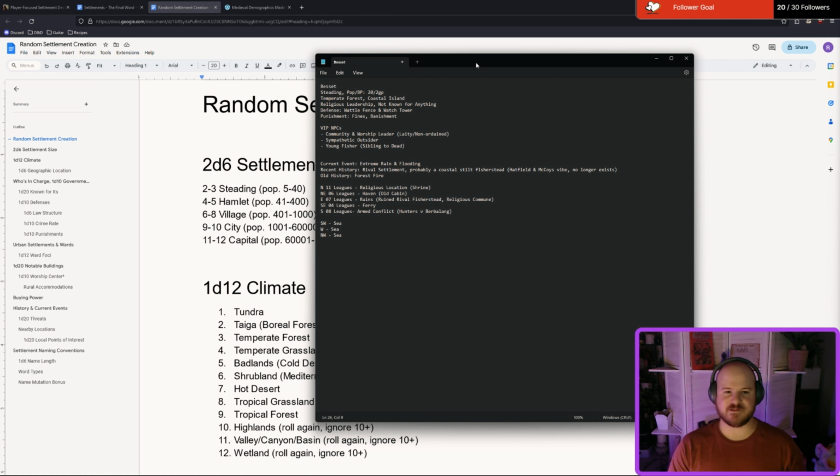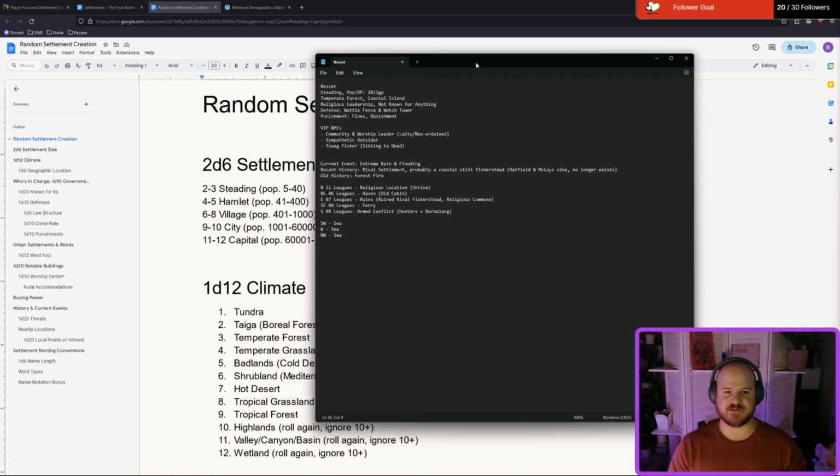In recent history, meaning in the last few years, there was a rival settlement, and we thought it was probably a coastal stilt fisherstead, which is a village that has the homes out over the water. There's a wooden walkway that goes to it, and those huts sit on stilts in the water. There's a Hatfield and McCoys kind of vibe.